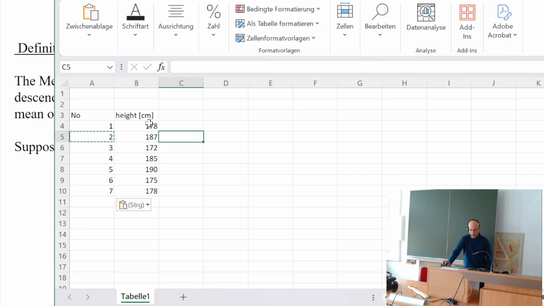If you should calculate the median of this distribution, what would you do then? Idea? Okay, so we do this here.